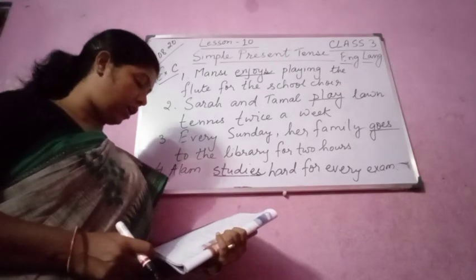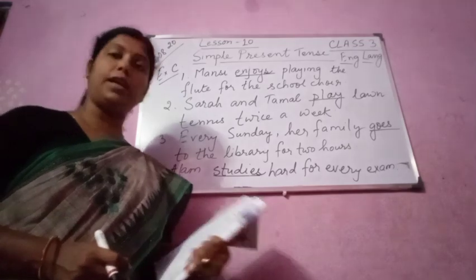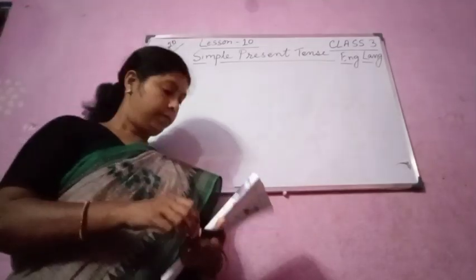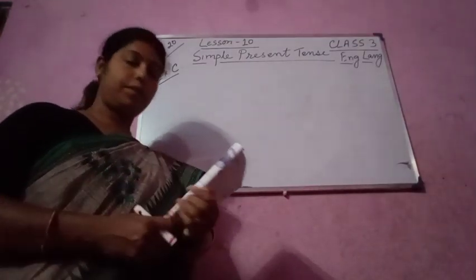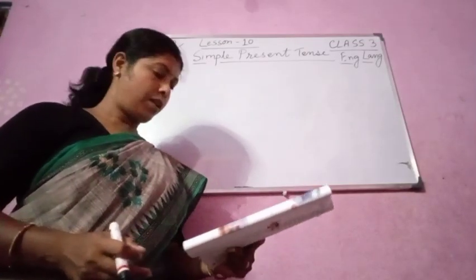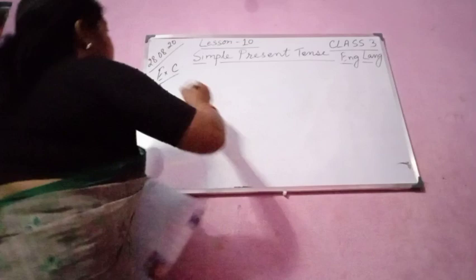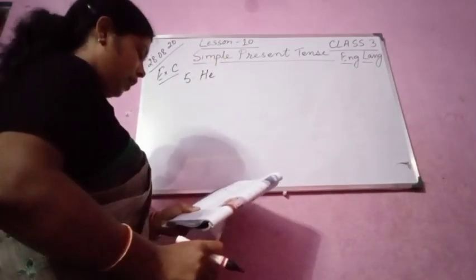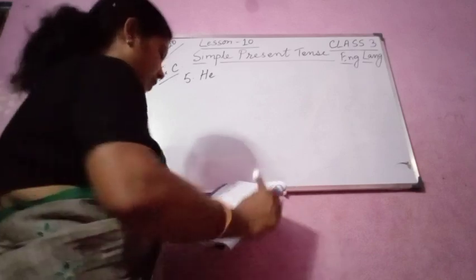So now you see 4 are remaining. We'll do them today only. Okay. Now let us do number 5. Now you see here, he tries to call his sister in the evenings.